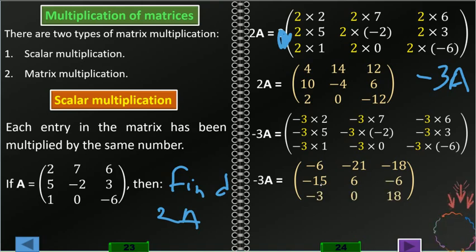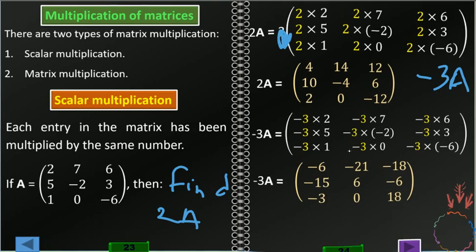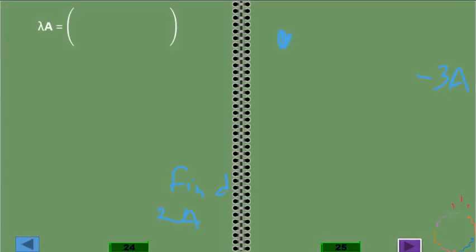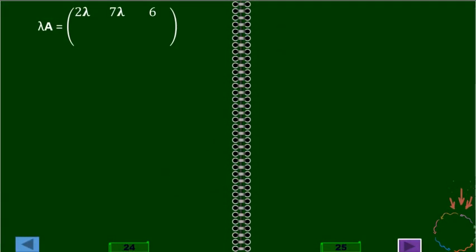So now, in this case, you see that here we are multiplying a matrix by what? A matrix, by a number, by a scalar, by a constant. So we move to another slide to see more examples on the multiplication. In this example you are seeing now, we are multiplying the matrix A by a scalar, the constant lambda.